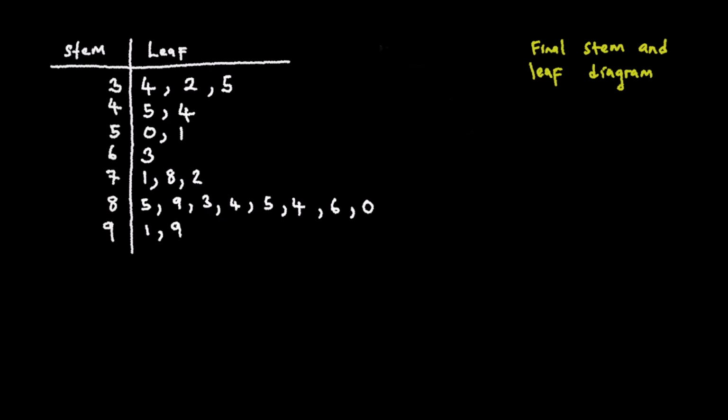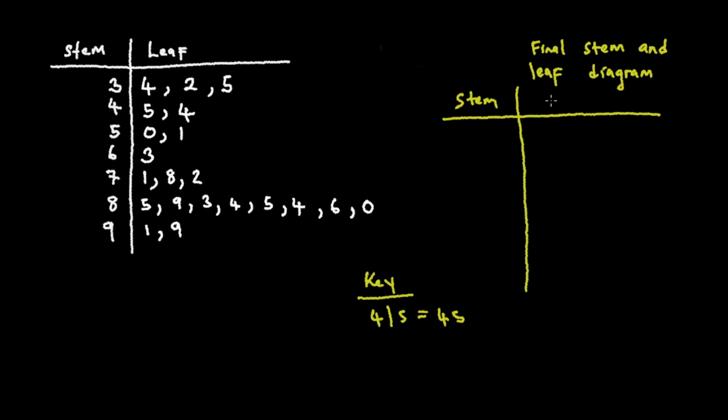Saka key munofanirwa kuinyora kutanga pa your draft mozoinyora futi pa your final. Saka ngatinyore key kunoku. Saka key yedu tinogona kuti 4 5 is equal to 45, tatopedza. Saka kana tirikunyora our final now tiri kudzokorodza stem, leaf.